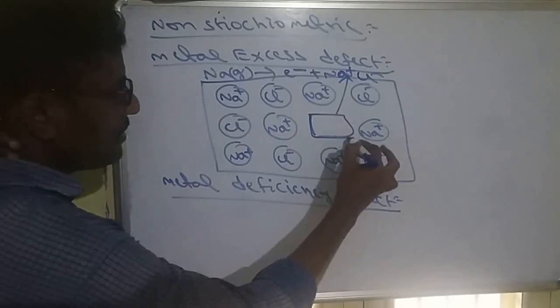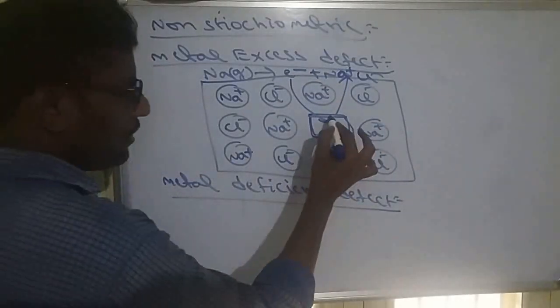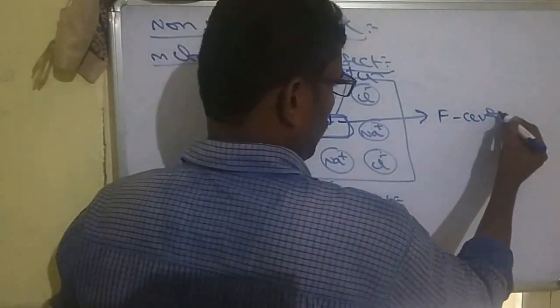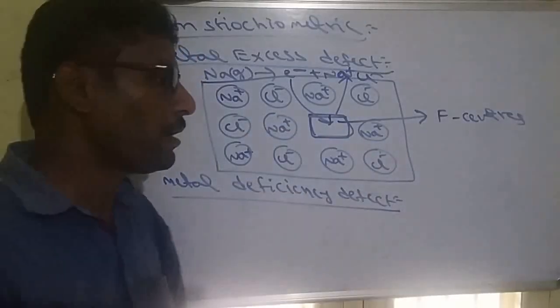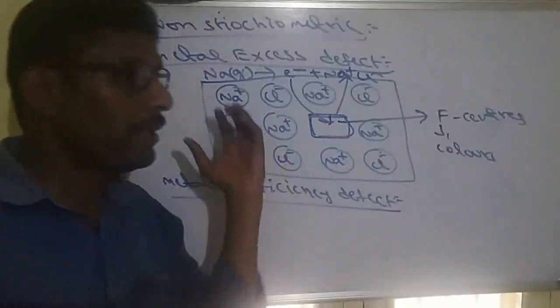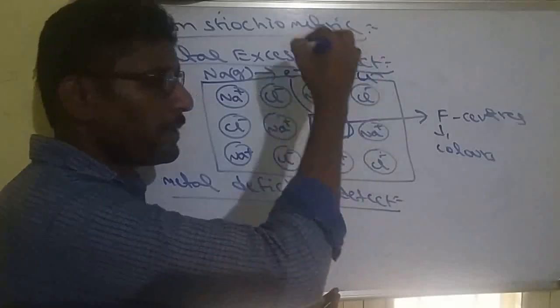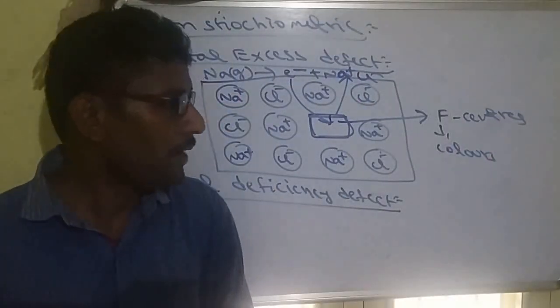Now these vacancies are filled by electrons. These electron-filled vacancies are called F centers. F comes from Farbe, a German word which means color. So whenever in ionic crystals some non-metal ions are removed, that space is occupied by electrons, and such centers are called F centers.